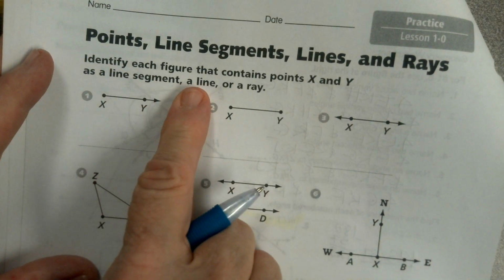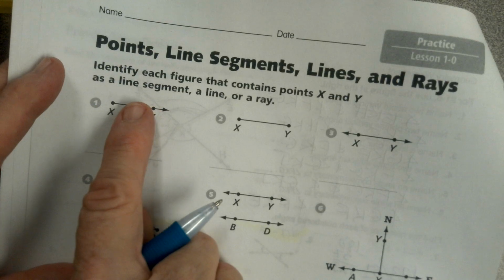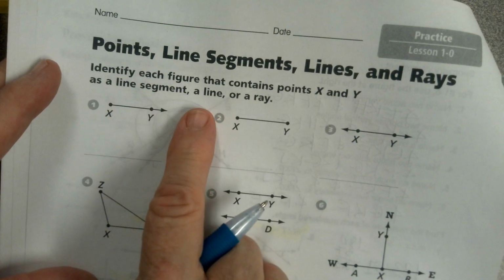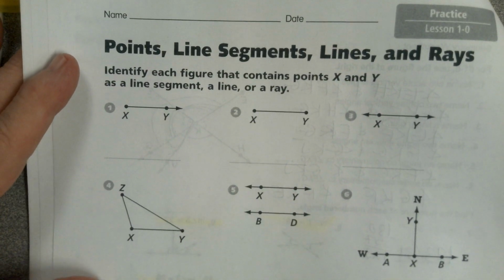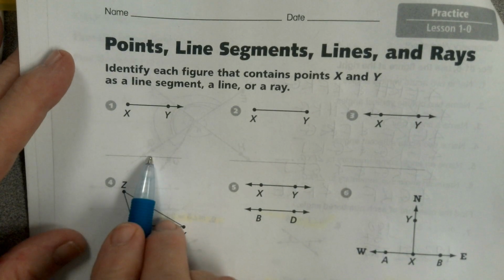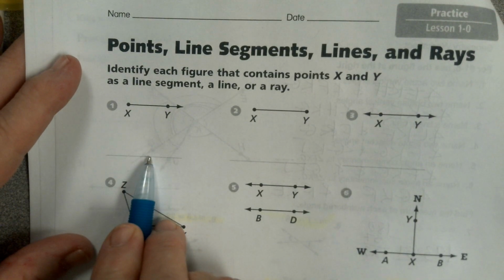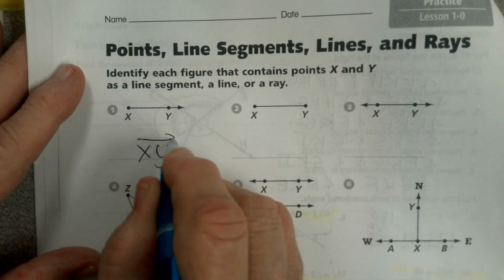Identify each figure that contains points X and Y as a line segment, a line, or a ray. So I'm just going to give you an example. You have to use the correct symbols. What is this one? So put the correct symbol, XY, and it is a ray.